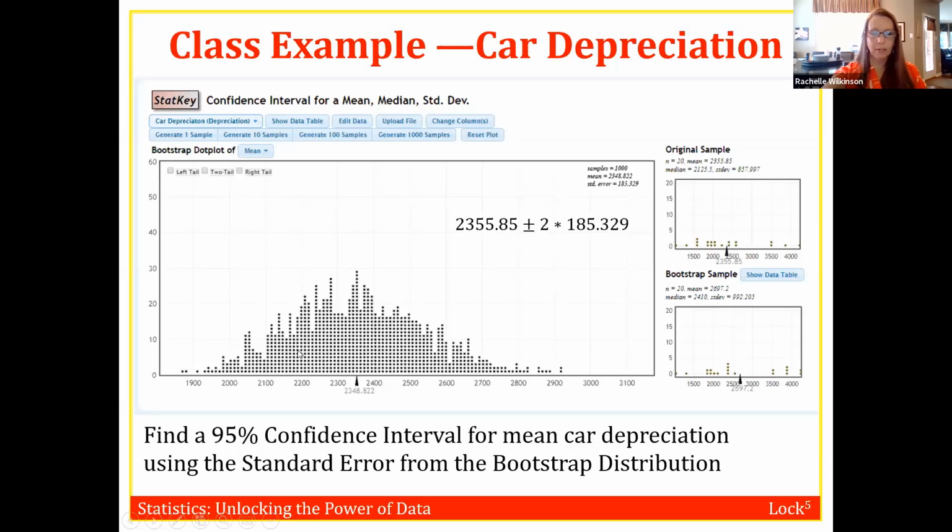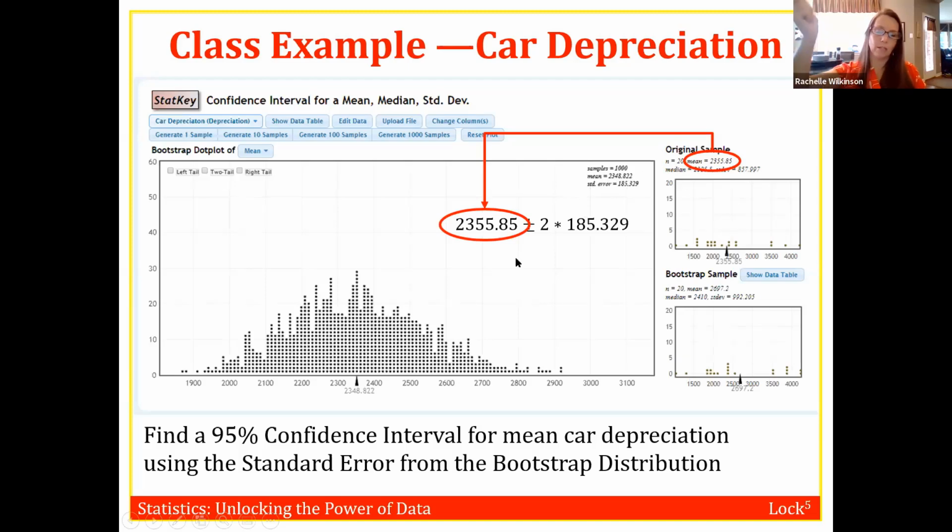And for mine, on this one that I did prior to class, I put it in my presentation, I had a standard error estimate of 185.329. So I multiply that by 2, add and subtract that from my original sample statistic. So again, use the original sample statistic value. Do not use the mean of your bootstrap distribution.